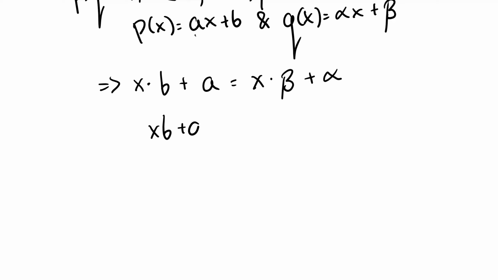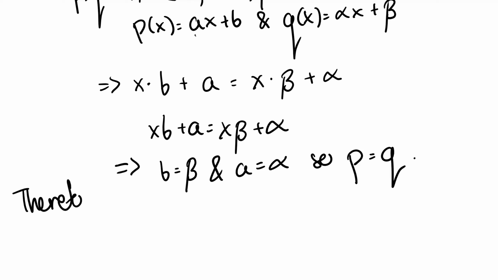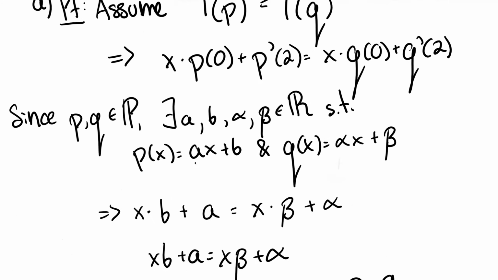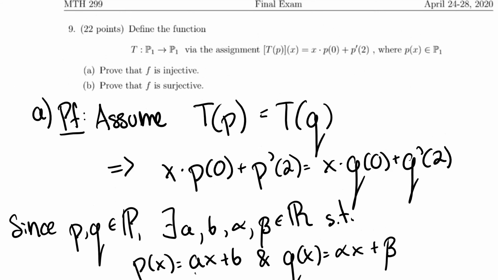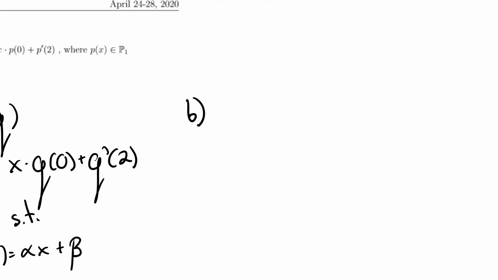So xb plus a equals x beta plus alpha. The only way that this can happen is that b equals beta and a equals alpha. So P equals Q. Therefore, T is injective. And you might want to mention somewhere what the definition of injective is. I'll leave that to you, because I have the luxury of not actually taking a test right now.